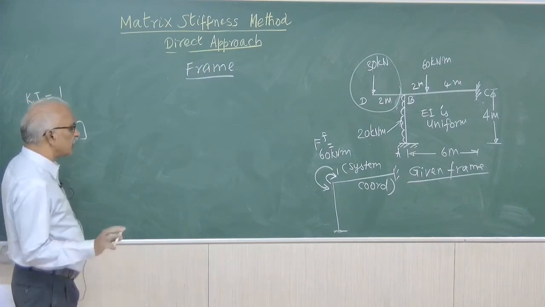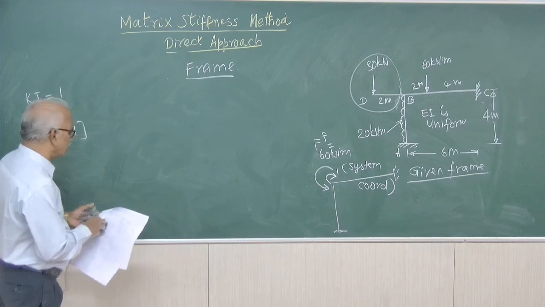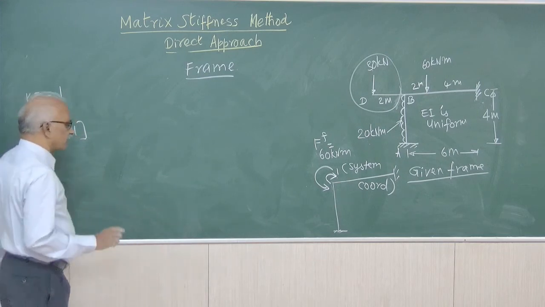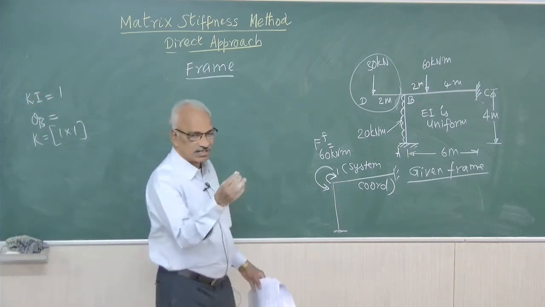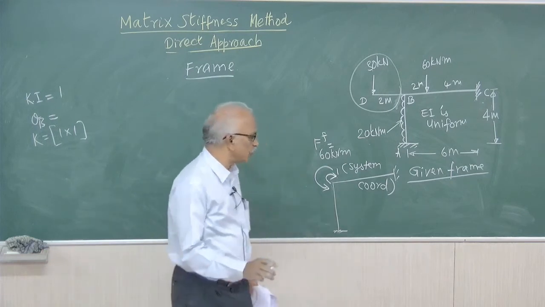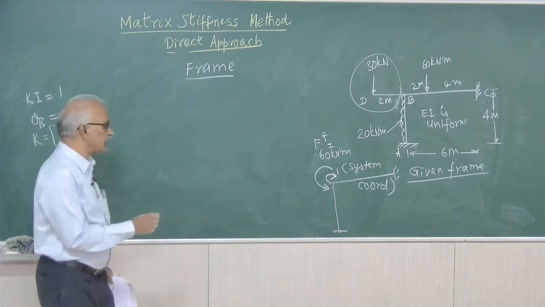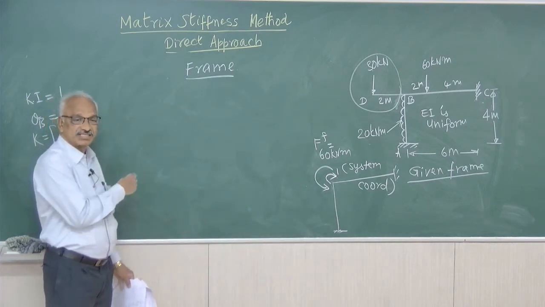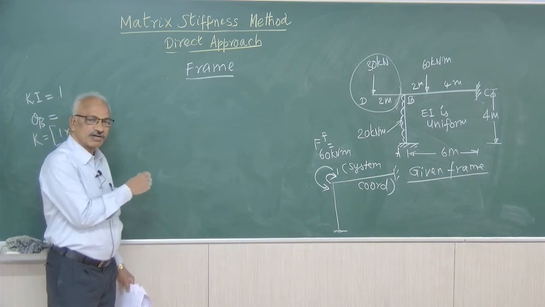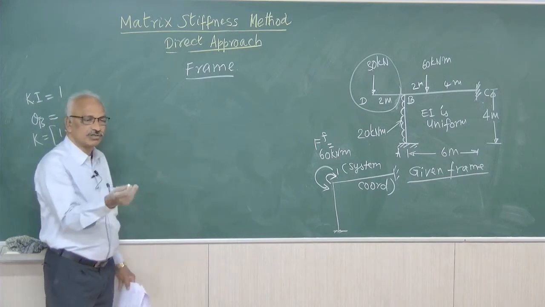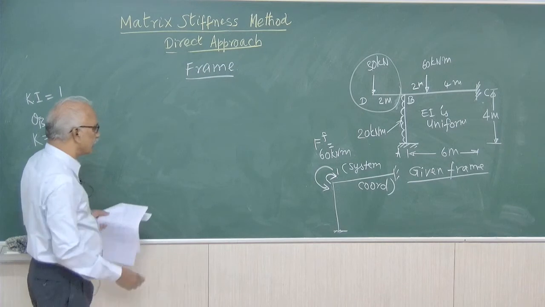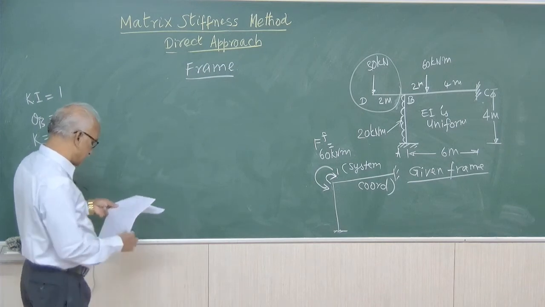Right. That is a very important point. Other things are the usual calculation. Except F of f, all other calculations will be as before. This is the only change, because the overhanging is on the left hand side. The same thing when the overhanging is on the right hand side, we have to treat accordingly. Right. The sign and other things.